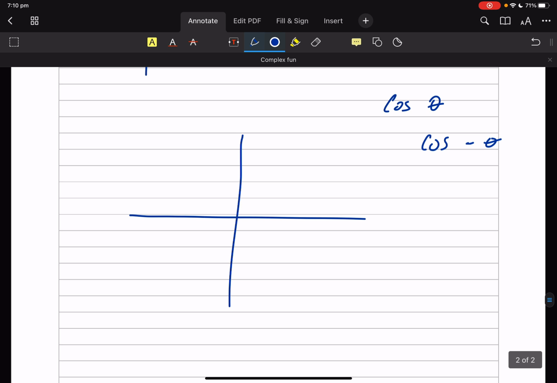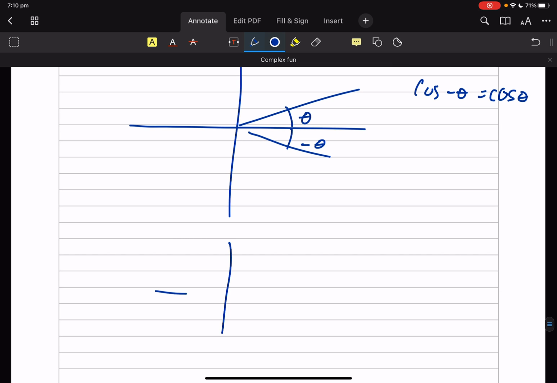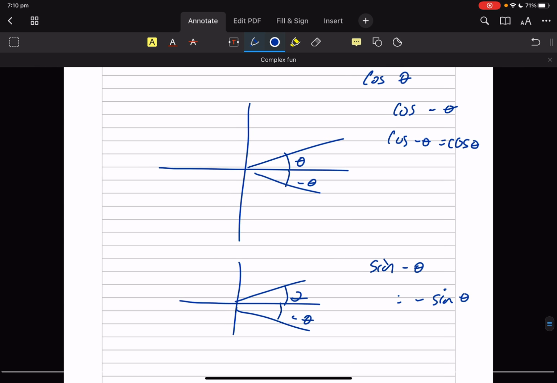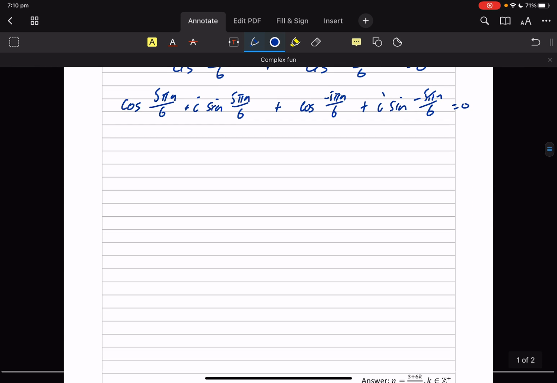If there's theta and there's minus theta, cos minus theta is going to be the same as cos theta. Sine minus theta is going to be the minus of sine theta. We do a bit of that in methods.